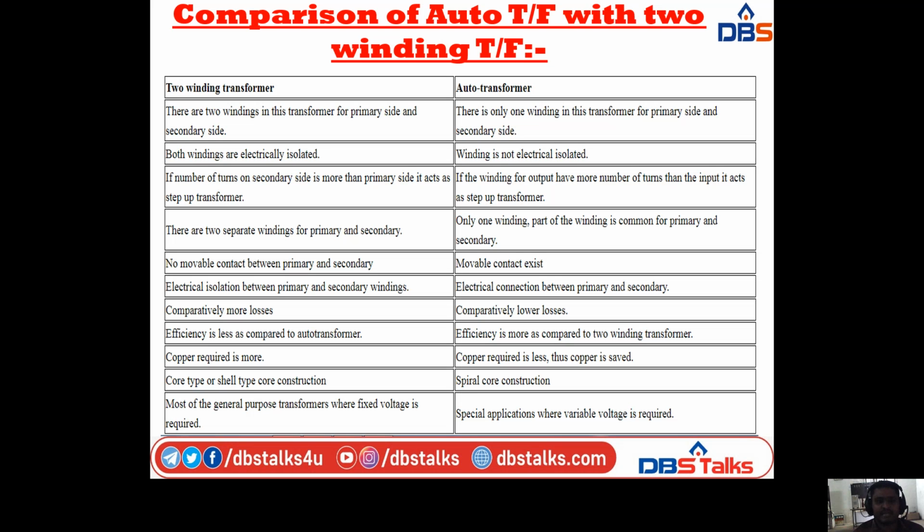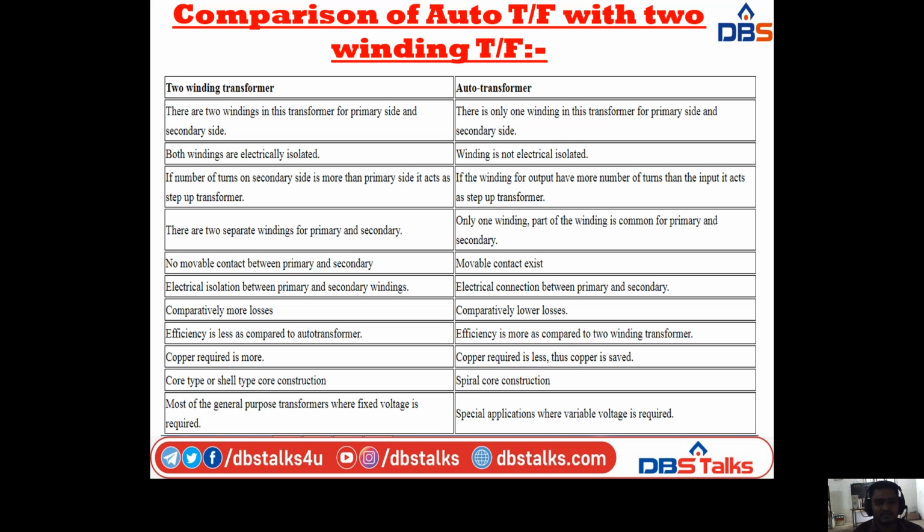In the two winding transformer, if the number of turns on the secondary side is more than the primary side, it acts as a step up transformer. In the auto transformer, if the winding for output has more turns than the input, it acts as a step up transformer, that is a step up auto transformer.